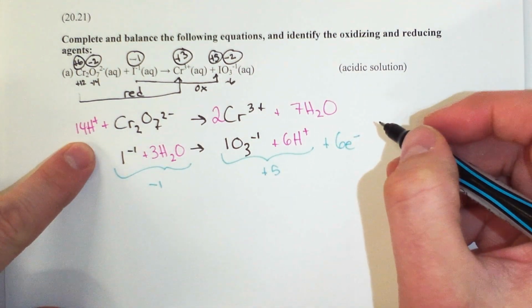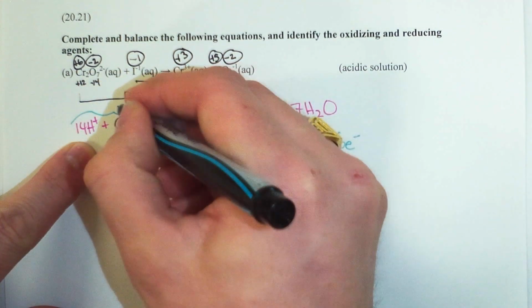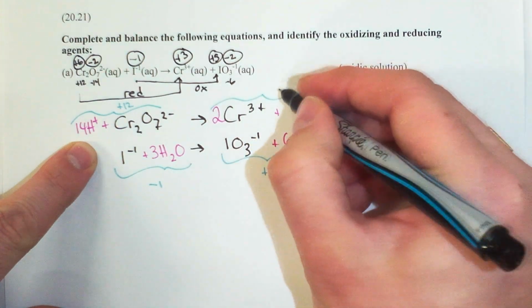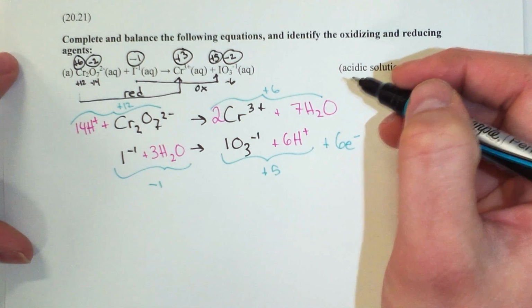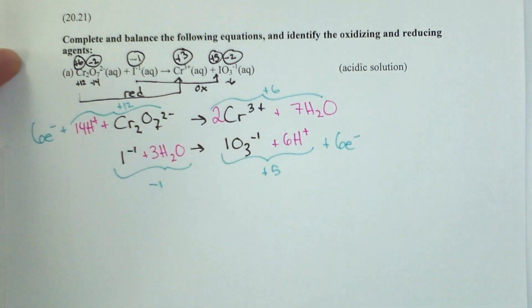I have 14 plus and minus 2, which is plus 12. 2 times plus 3 is plus 6. So I add 6 electrons to both sides.